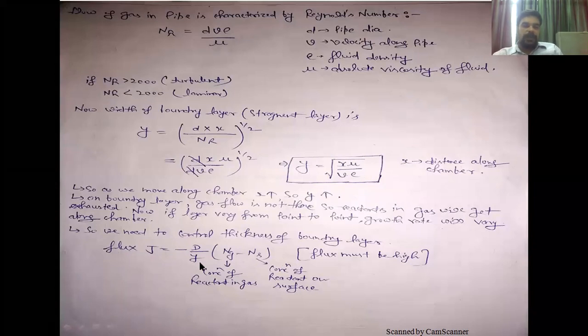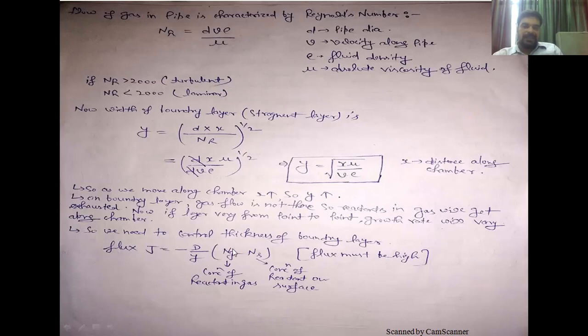So we need to maintain the flux as high as possible. If you want to maintain the flux as high as possible, then you need to reduce the thickness of the stagnant layer. So how will you reduce the thickness of the stagnant layer? By increasing the velocity of gas. Okay. So by this way you can do this.